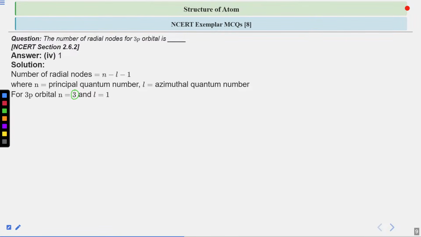Now what about the l value? For p orbital it is 1, we know it. For s orbital it is 0, p orbital it is 1, d it is 2, and so on. Now put these values in the given formula. You will get your number of radial nodes as 1.